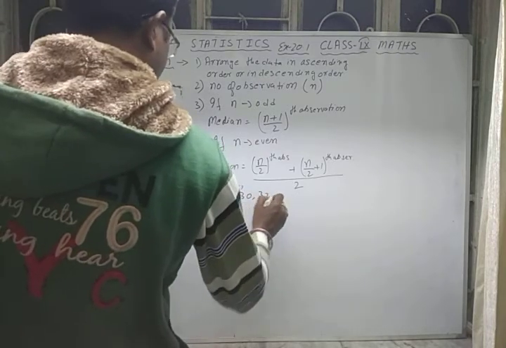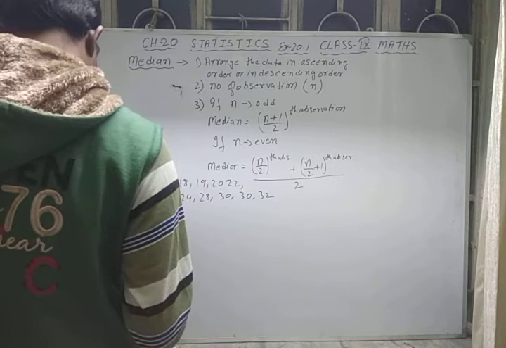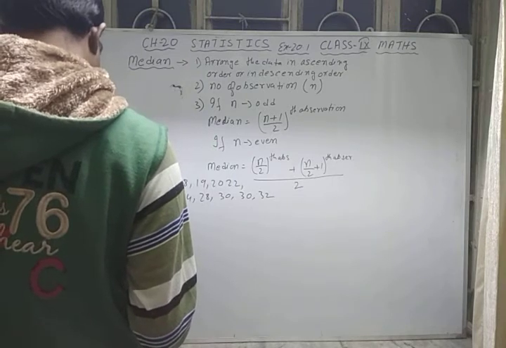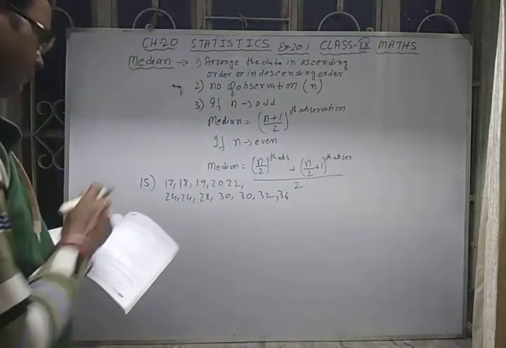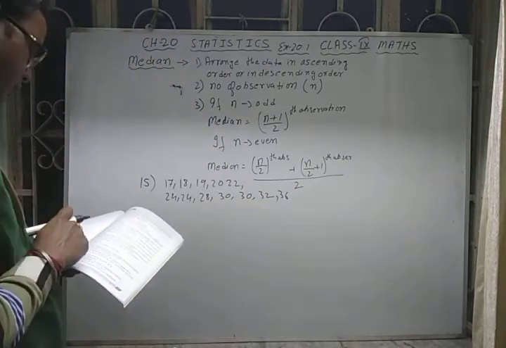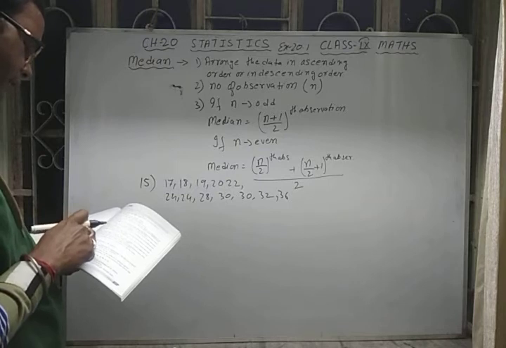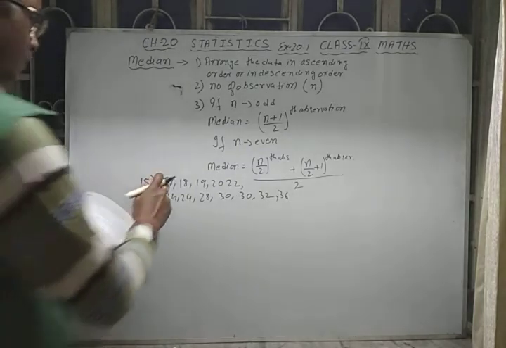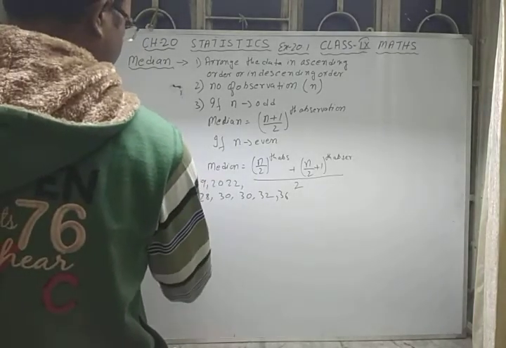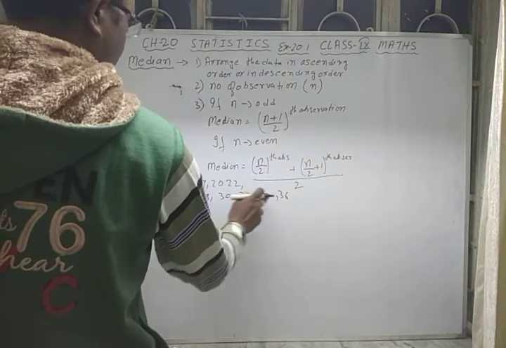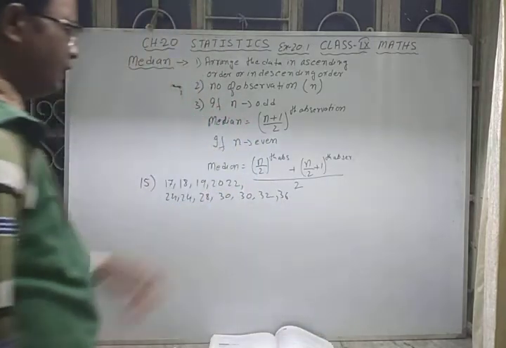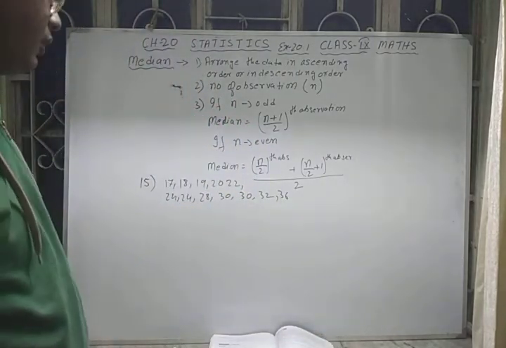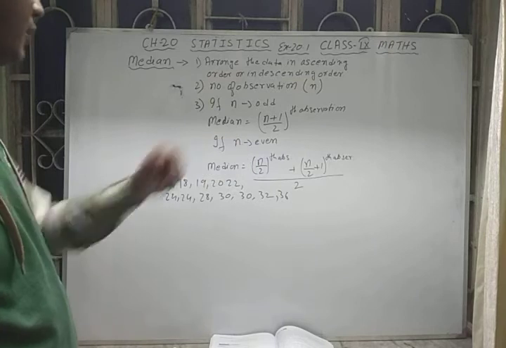After that 36 is there. So we will count it, whether I have written all the terms or not. 1, 2, 3, 4, 5, 6, 7, 8, 9, 10, 11, 12. So we have got 12 observations, and we have arranged this in ascending order from 17 to 36.